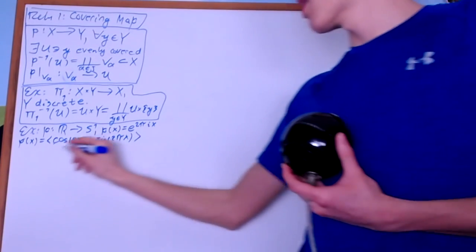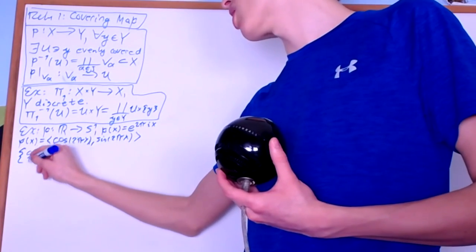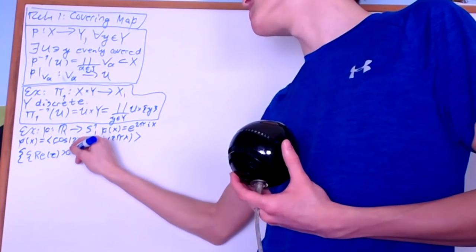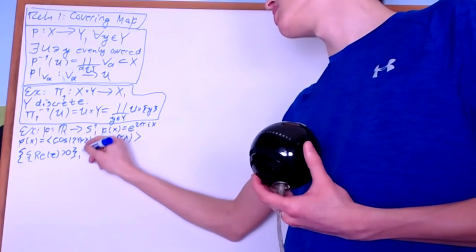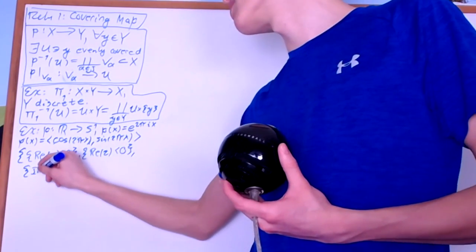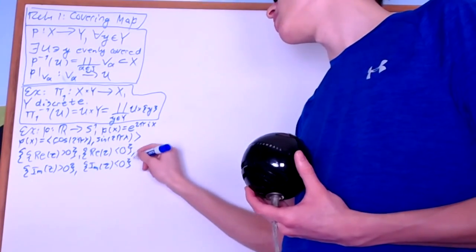And so for S1, I can take the open evenly covering sets: the real part of z bigger than 0, that's our first set. Then the real part of z less than 0, that's our second set. Then the imaginary part of z bigger than 0, that's our third set. And the imaginary part of z less than 0, that's our last set.